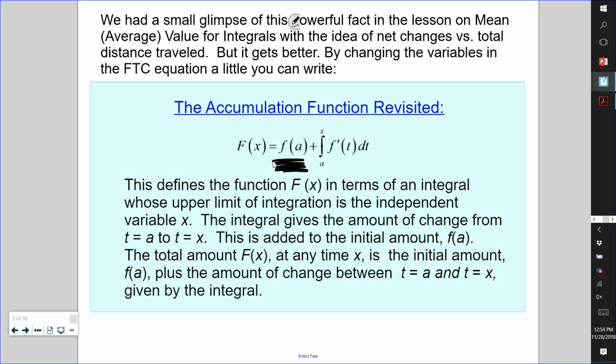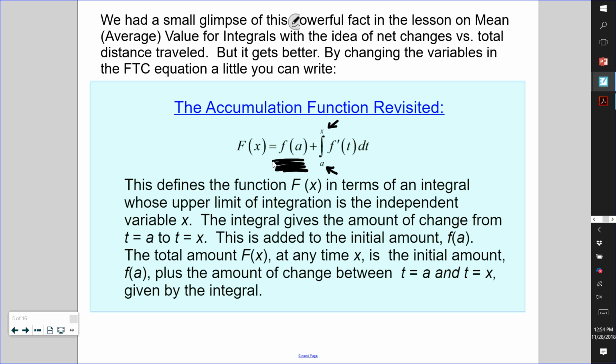So they're telling you that if we take a function and we define it as an integral, and the integral goes from a constant to x, okay, then I'm going to add the initial value, so whatever's gone on up to a, so f of a, and then I integrate from 0 to x, or a to x.